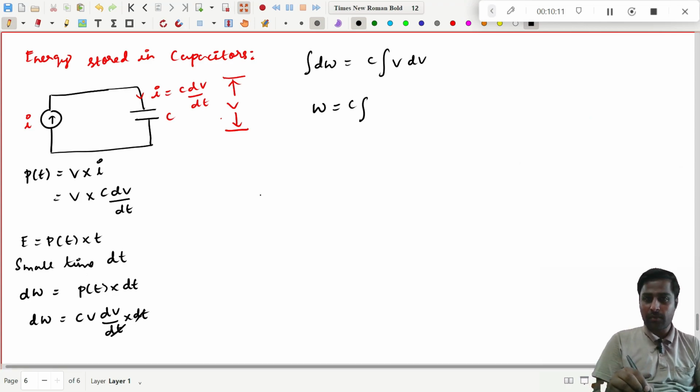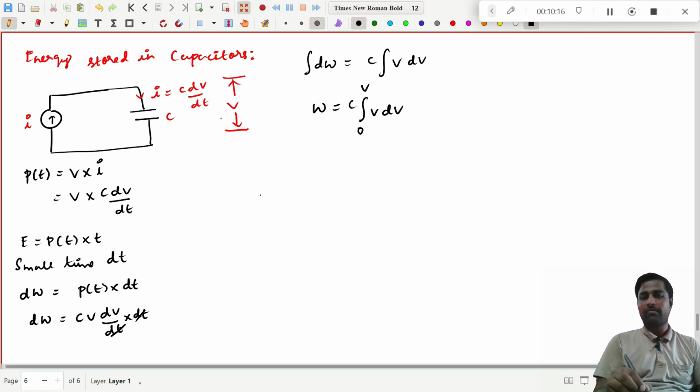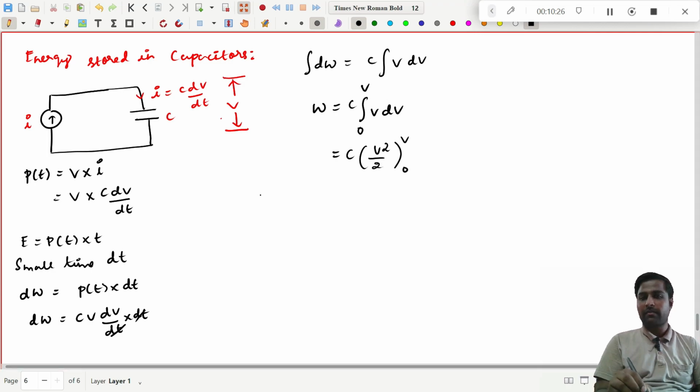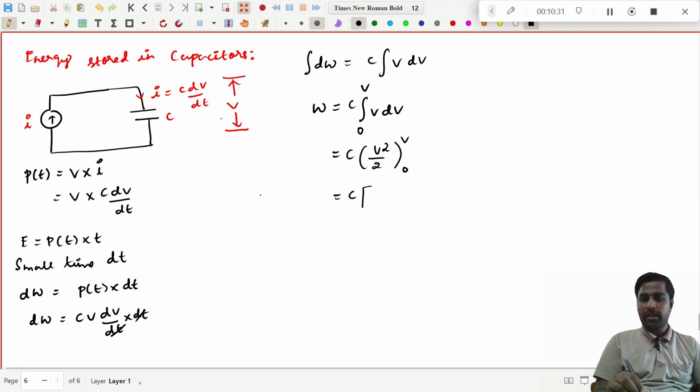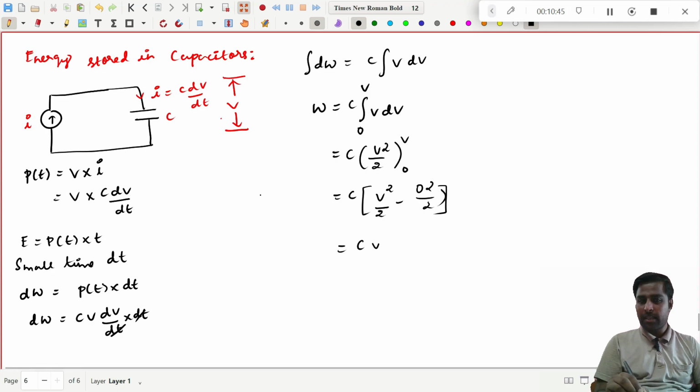If I want to find the energy stored, this becomes 0 to V of C into V dV. If I integrate, C will be there, and the integral of V is V square by 2, with limits 0 to V. C is common, and I substitute V square by 2 minus 0 square by 2, and at last I get C V square divided by 2, right?